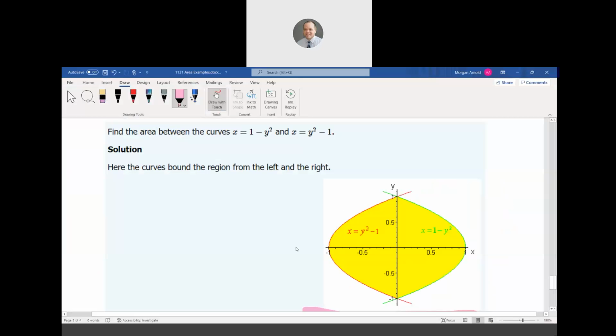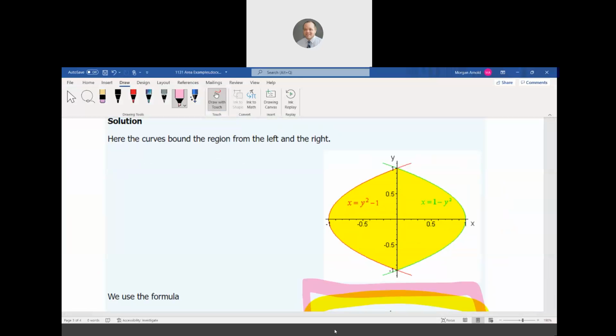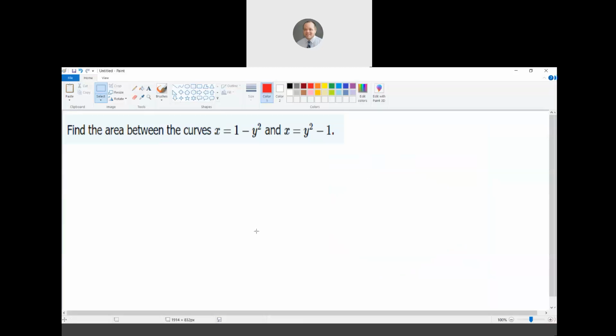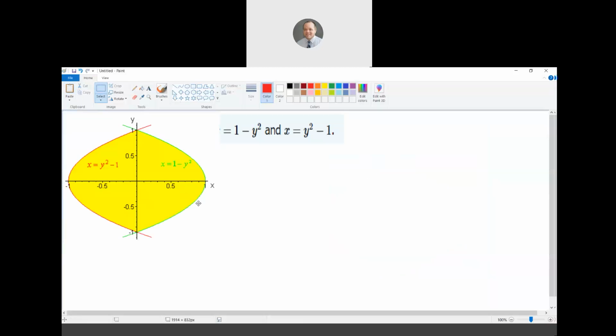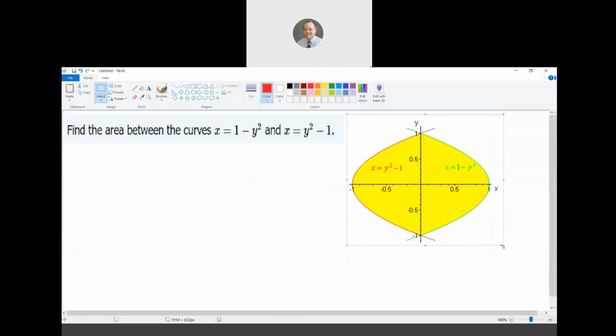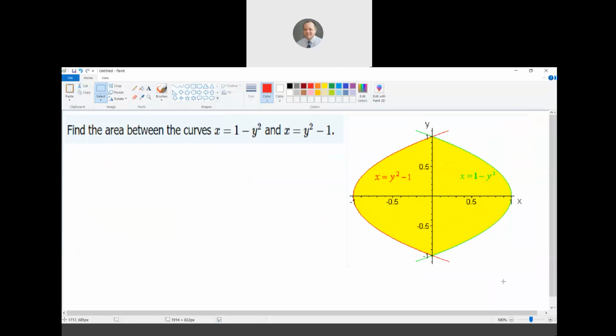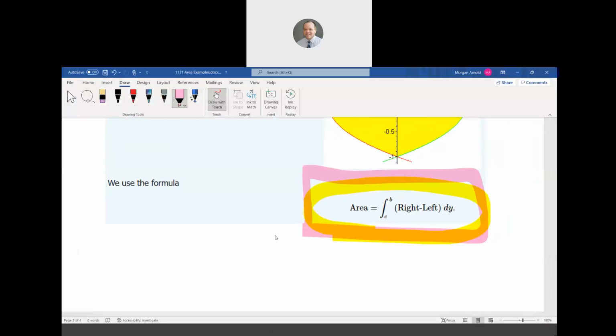Let me copy and paste the graph too, and also the specific formula we need to use.